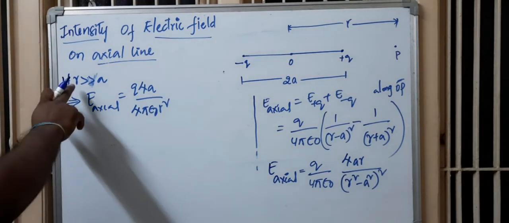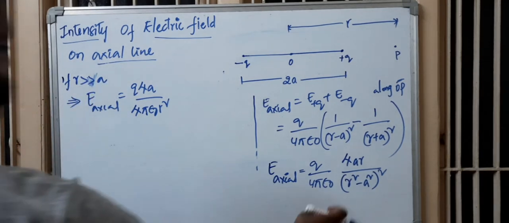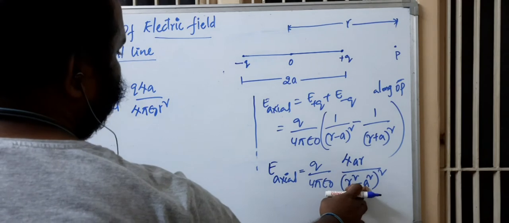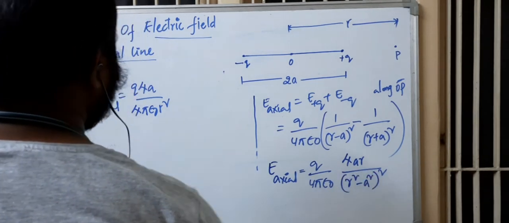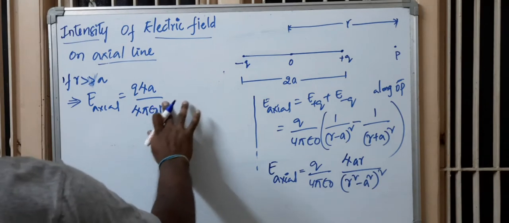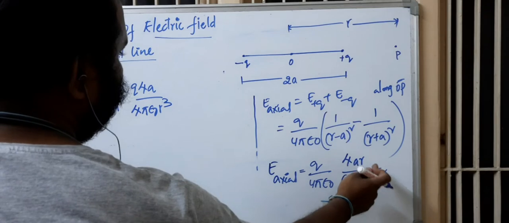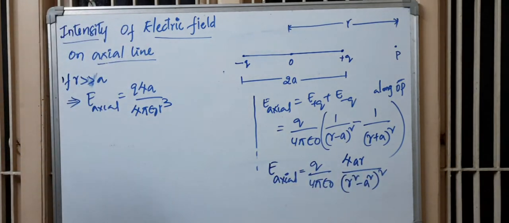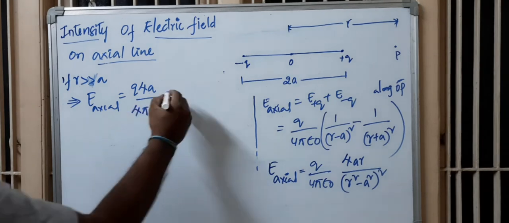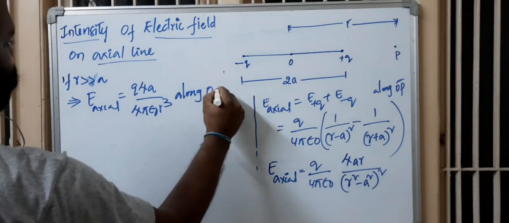Nothing but, if r is greater than a, we will neglect the part a here. So instead of that we will take (r square) whole square. So this will be r cube. Why? Because r and r power 4 will get cancelled, and the remaining will be r to the power of 3 along OP.